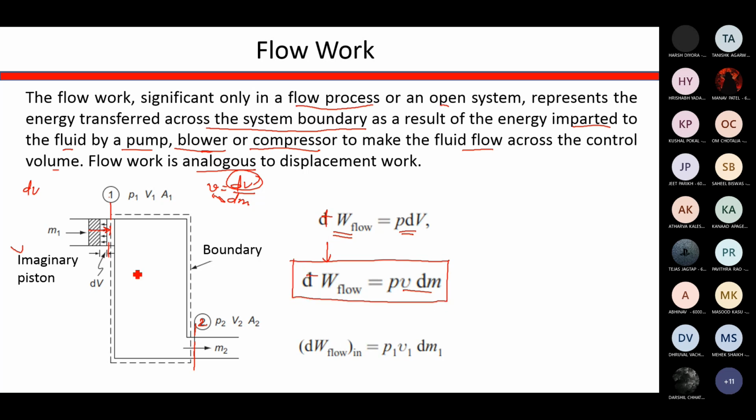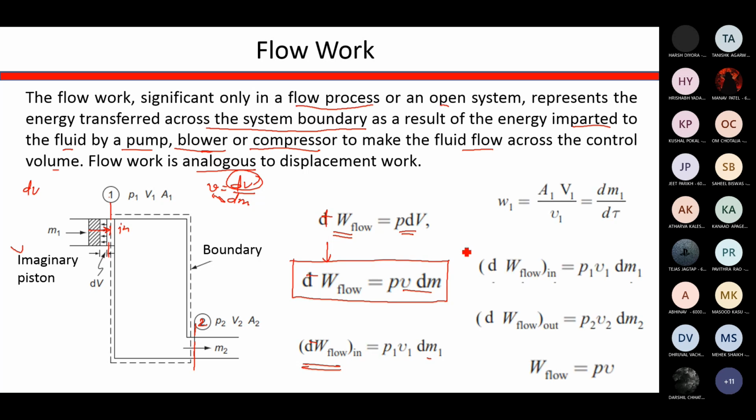So I can apply this at the inlet section, which is here. I will write this d bar W flow in. This is the pressure and specific volume at the inlet, so I will write P1 v1 dm1, where dm1 is the incremental mass and the total mass is m1, right? I can write the mass flow rate through this inlet, let us say.